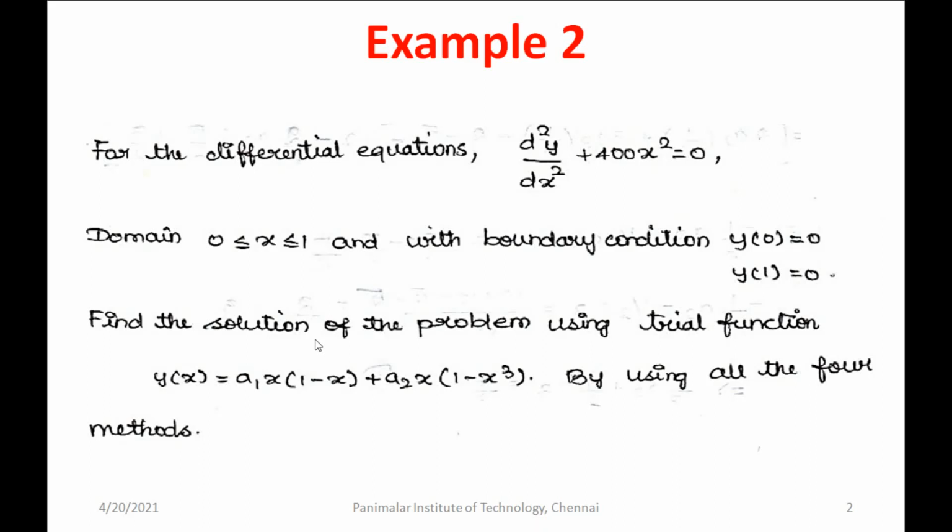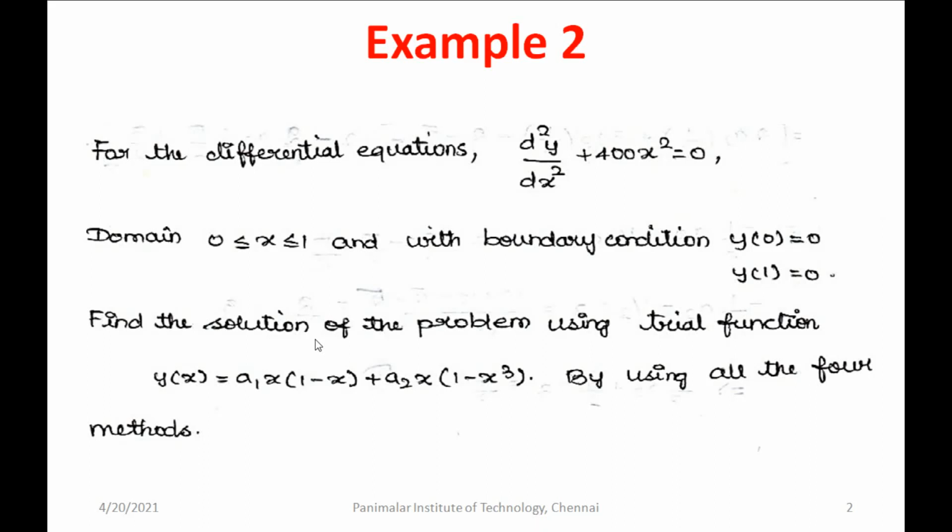The boundary conditions given are: at x equal to 0, y takes the value of 0, and at x equal to 1, y takes the value of 0 again. So both are essential boundary conditions only. And find the solution of the problem using the trial function mentioned in this problem.